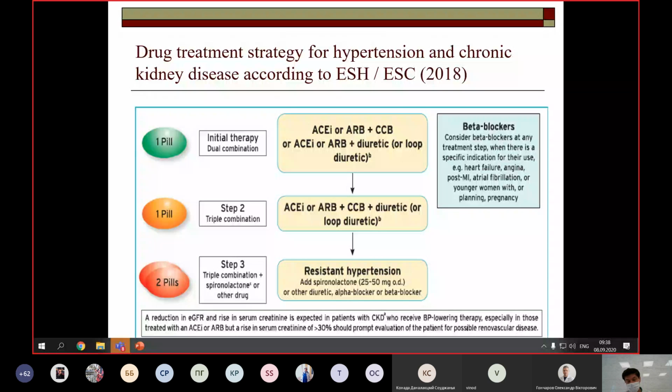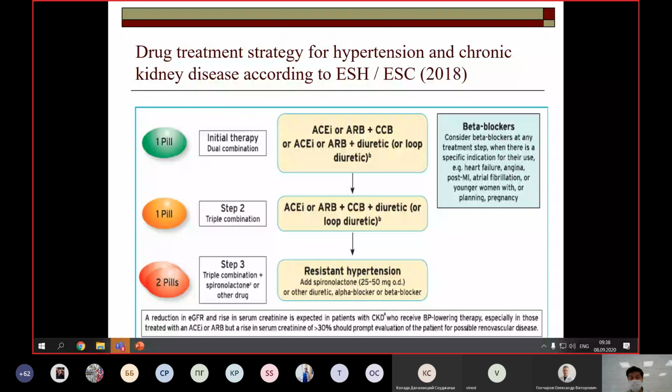But in real clinical practice, aliskiren is rarely used, because of high cost and because of no large clinical trial data confirming the safety and tolerability in patients having a declined GFR.